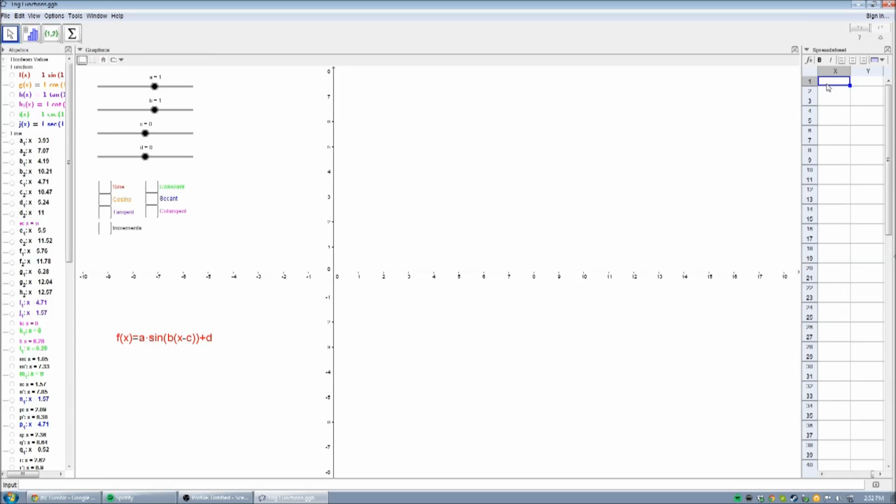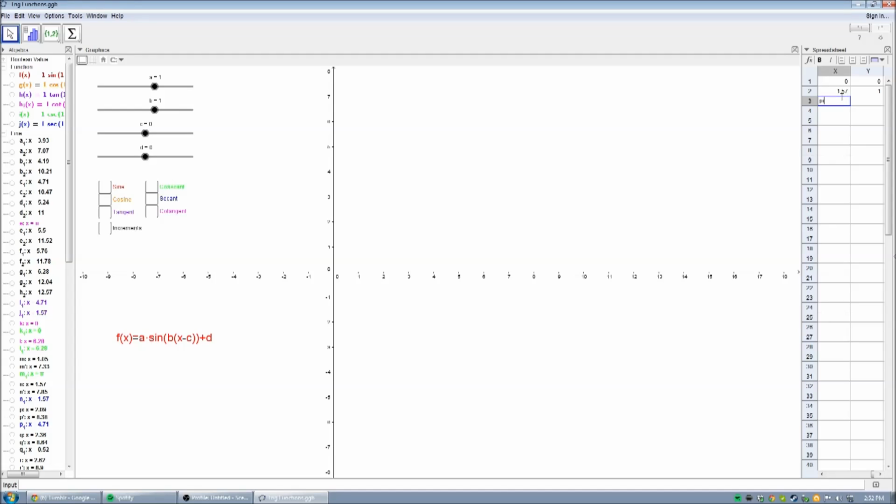So over here I'm going to create my coordinates. My first x-coordinate will be 0, and therefore since we're taking the sine, the y-coordinate is also 0. Then I want to do pi over 2. It converts it to a decimal, so the y value for pi over 2 is 1.